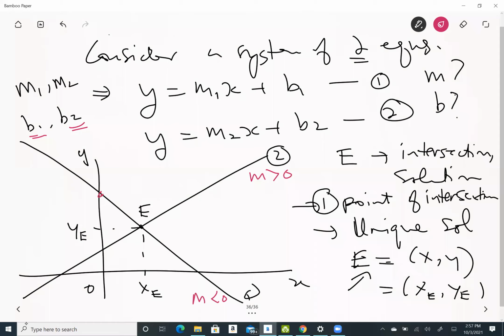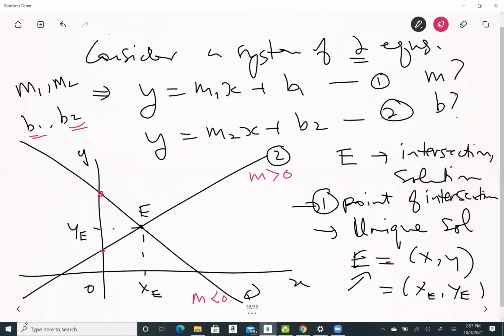One is here, the other one is here. So what can you say? Different. The B is different, okay? B1 is not equal to B2. Or you can say B1 is bigger than B2, okay? So that is one.